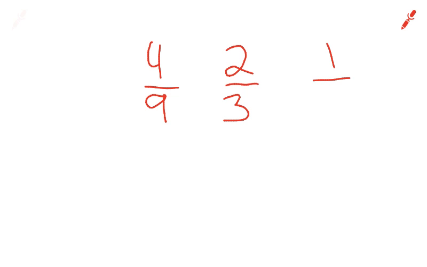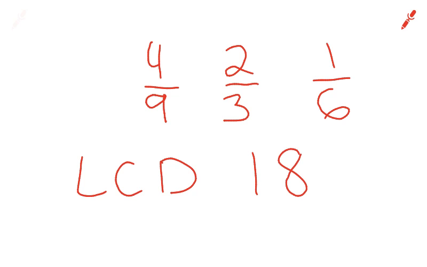The next one, they give us 3 fractions again. 4 over 9, 2 over 3, and 1 over 6. And the LCD is going to be 18. The lowest number that 9, 3, and 6 will all go into.